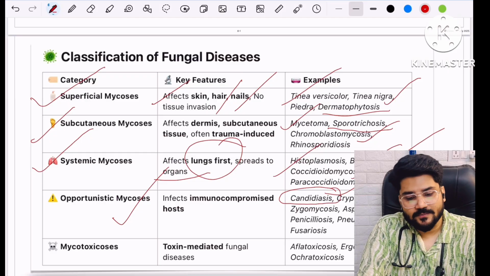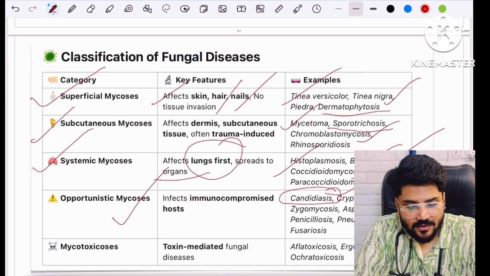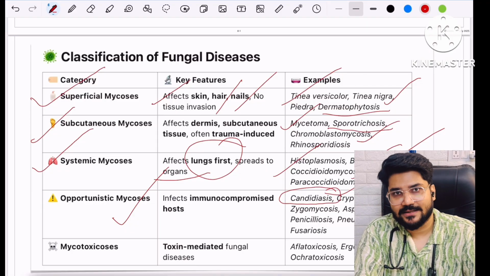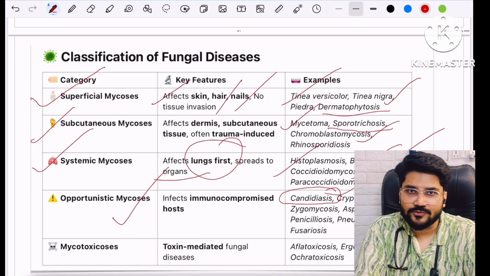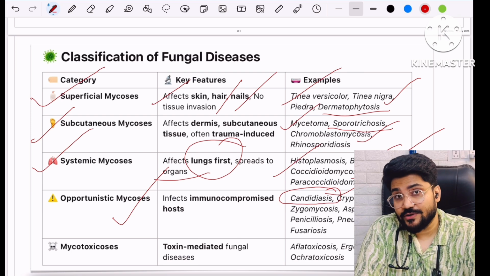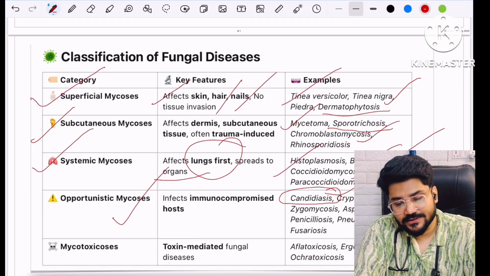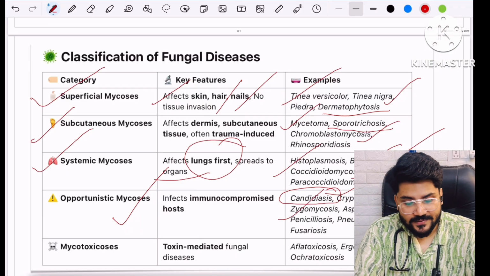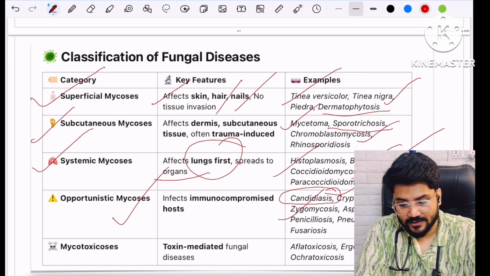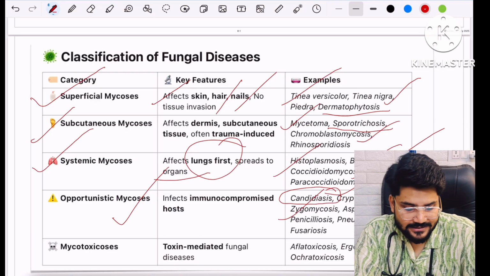So the opportunistic mycosis includes Candida, the topic of the discussion. It is present in your opportunistic mycosis because Candida is present inside your body, in your mouth, as a commensal. But when your immunity is weak, it can present with symptoms. Then the other examples are Cryptococcus, aspergillosis, zygomycosis meaning mucormycosis, and penicilliosis in HIV patients.